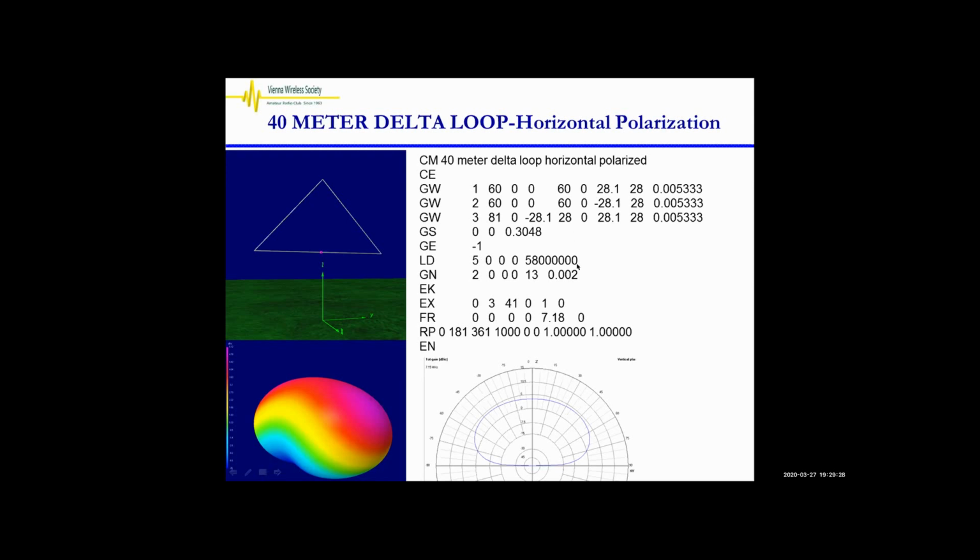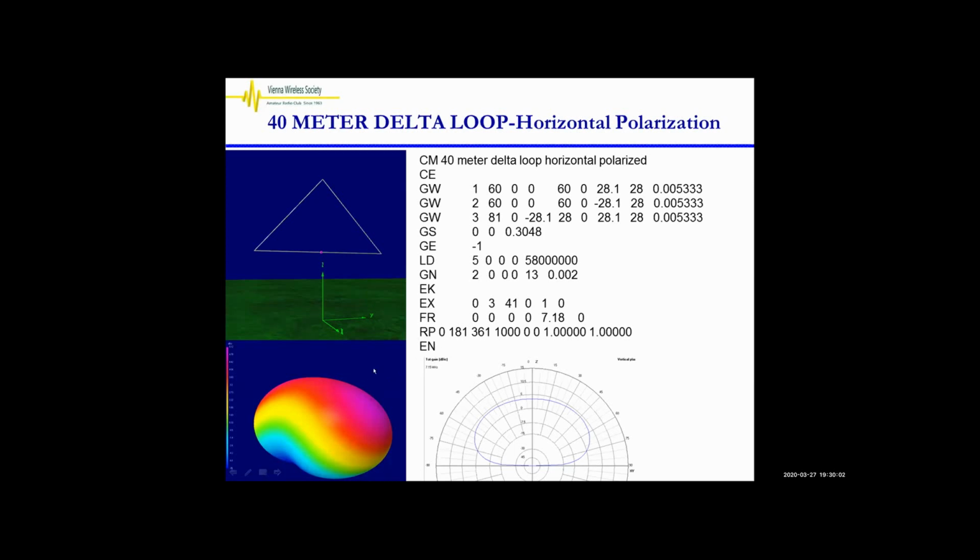And then the frequency command says I'm just going to run this at 7.18 megahertz at one frequency, at which I did this to generate my little 3D plot of my pattern. And then the RP command tells it to generate the pattern, telling what steps and where to start. And then EN is my end the file command, basically.